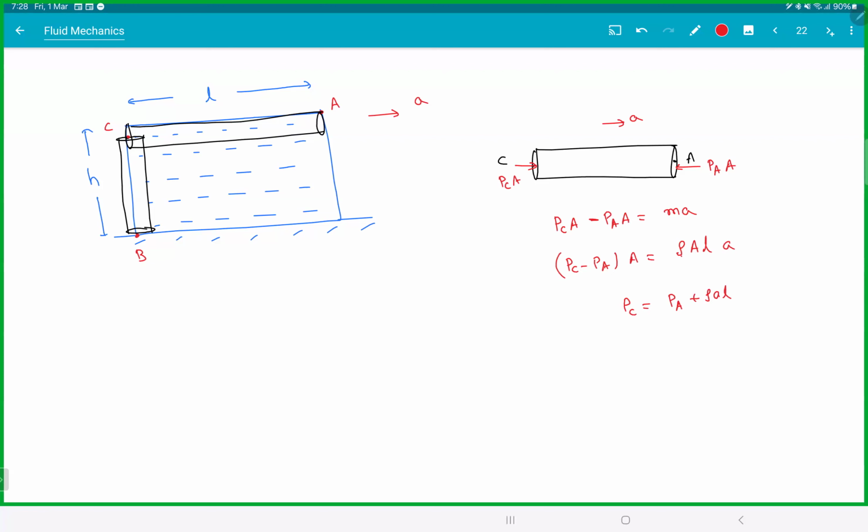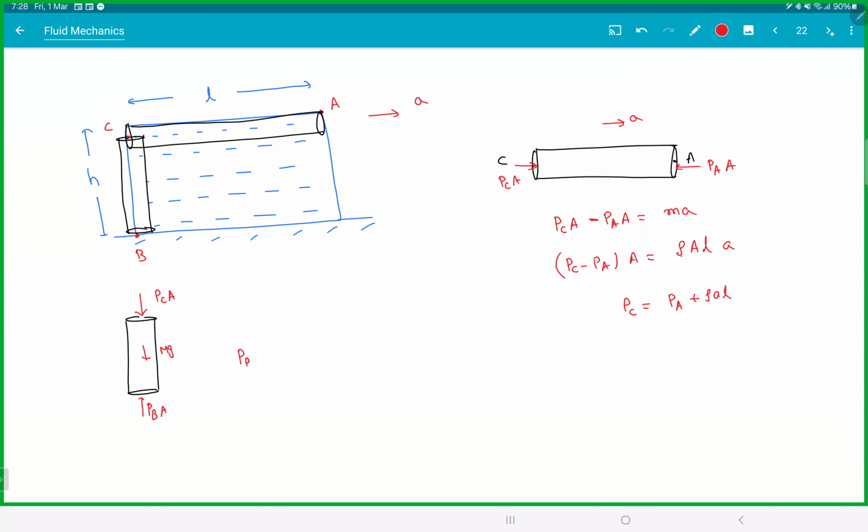And then the same thing, draw the FBD from C to B. When you're traveling in the horizontal direction, vertical acceleration doesn't matter. When you're traveling in the vertical direction, horizontal acceleration doesn't matter. Got it? You would have got the same thing if you do it normally also. This will be PC into area, this will be PB into area, and this would be your MG.